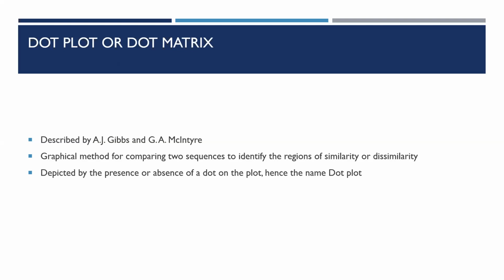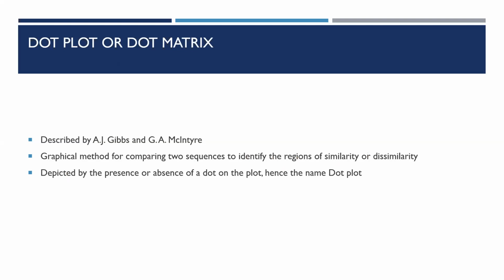Any sequence alignment method is done in order to find out to what extent two sequences are similar or dissimilar. Here in dot plot analysis, the regions of similarity or dissimilarity are depicted by the presence or absence of a dot on the plot space. That is why this method of alignment is called the dot plot method.